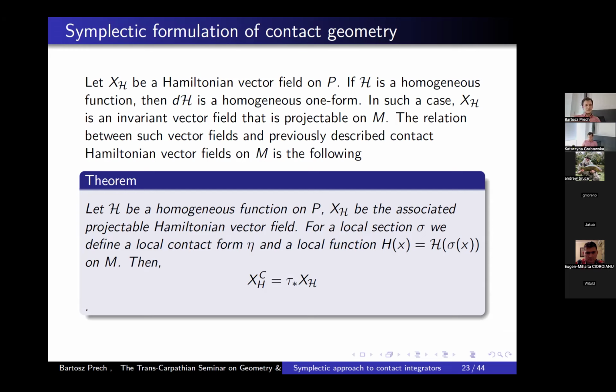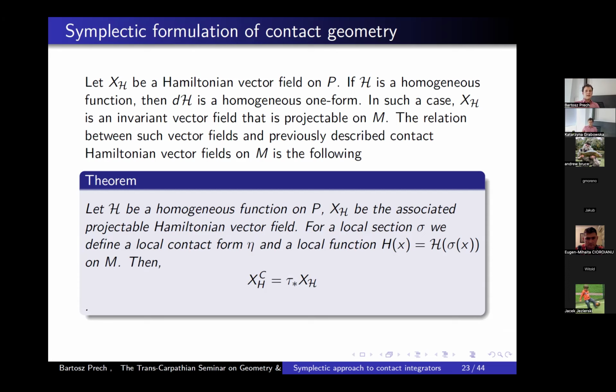If we choose functions that are homogeneous in this sense, then dh will be a homogeneous one-form, and in such a case it can be shown that XH will be an invariant vector field, so it doesn't depend on the local coordinate, and thus can be projected onto the base manifold, which is contact.